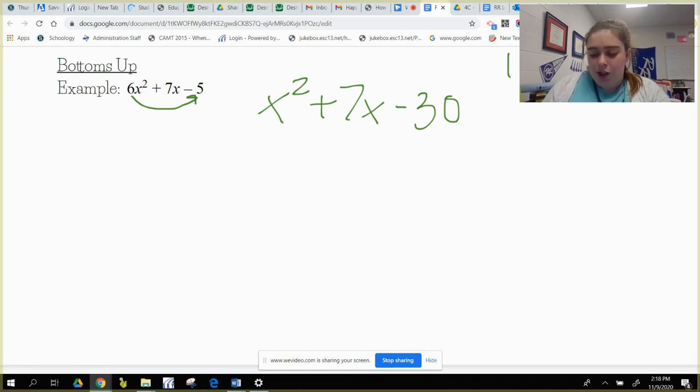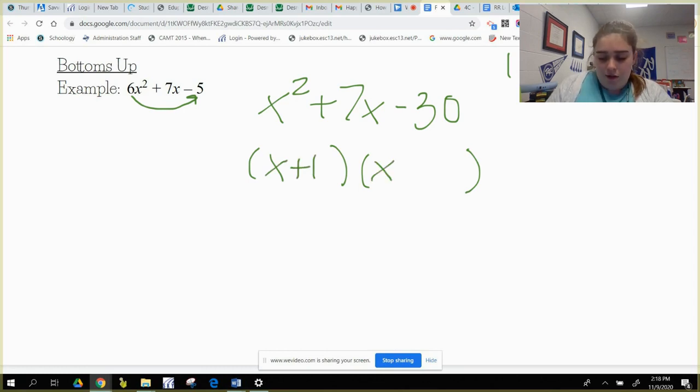So now all we have to do is write our binomials. We have an x in each one, and then we have plus 10 in the first one and minus 3 in the second one. So that first trinomial is solved, or factored.